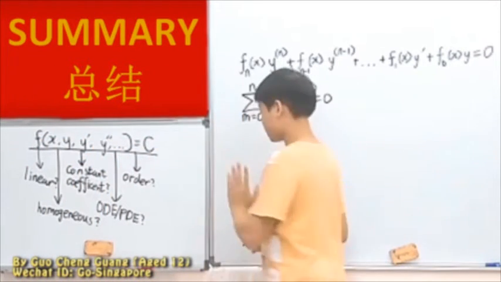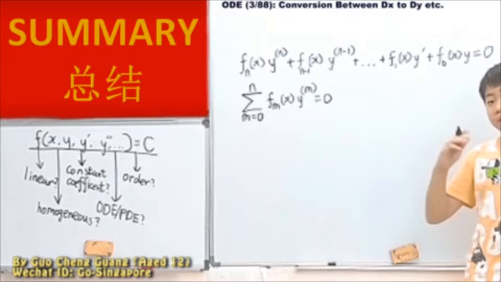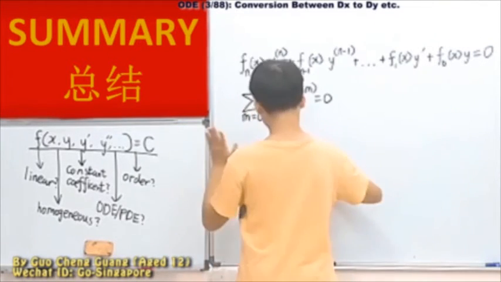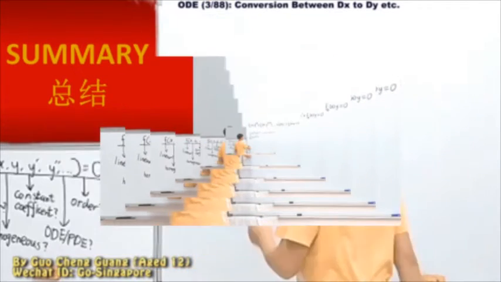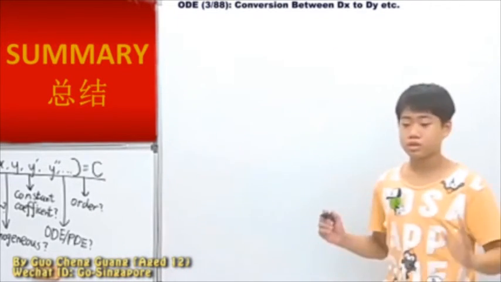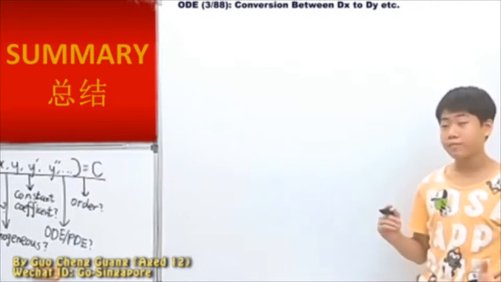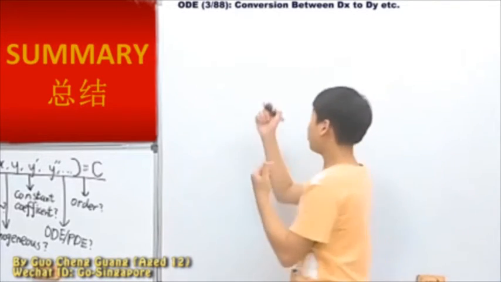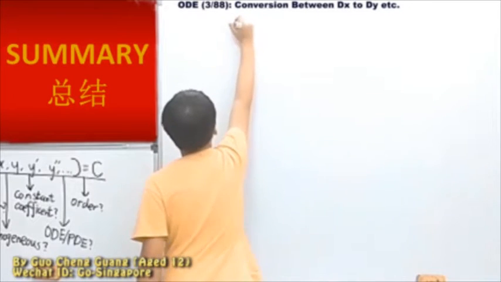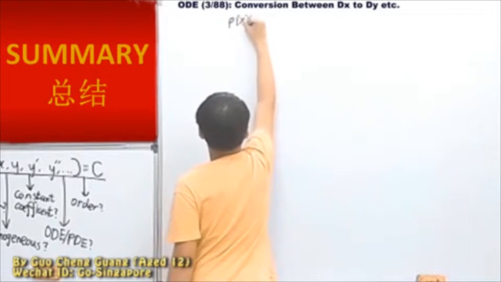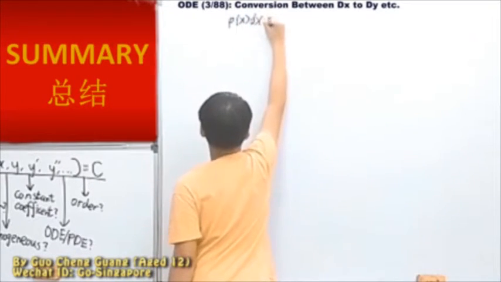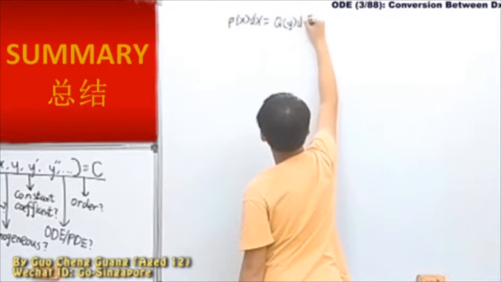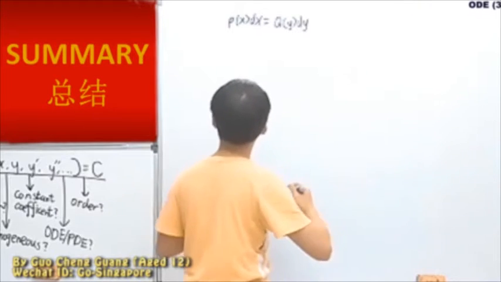So firstly, let's start from the most basic form that we did at first. Okay, so this part I'm going to erase. From these, we'll start from the simplest types of ordinary differential equations. For example, p(x)dx is equal to q(y)dy.